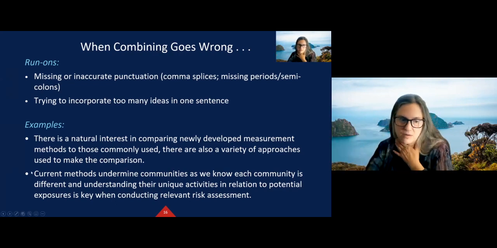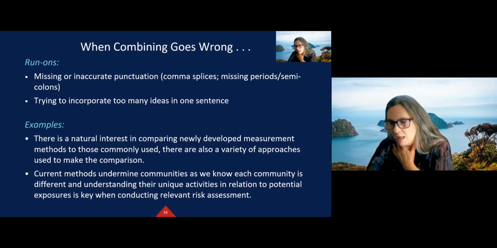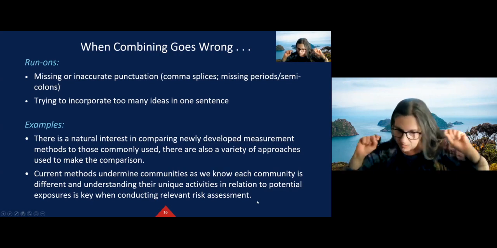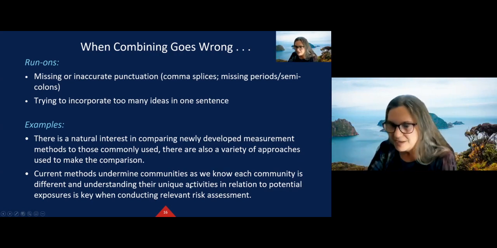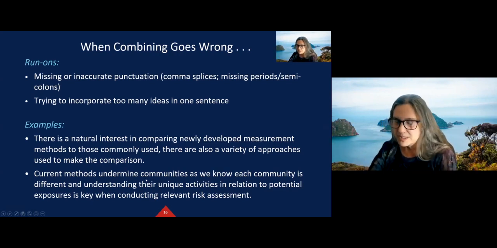Okay, now let's read this next one, my favorite. Current methods undermine communities. As we know, each community is different, and understanding their unique activities in relation to potential exposures is key when conducting relevant risk assessment. What? So initially, I always read "communities as we know," and then I see "each community."